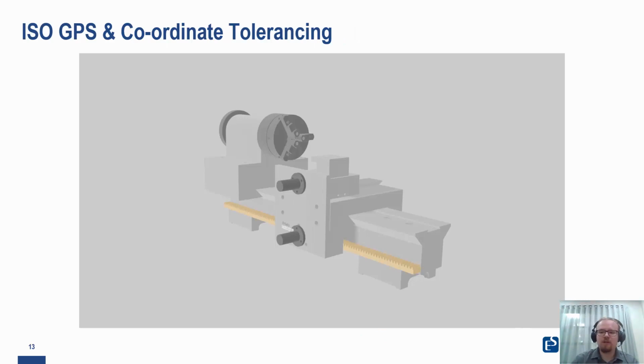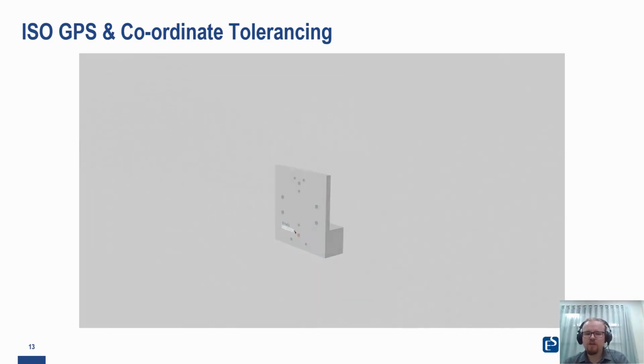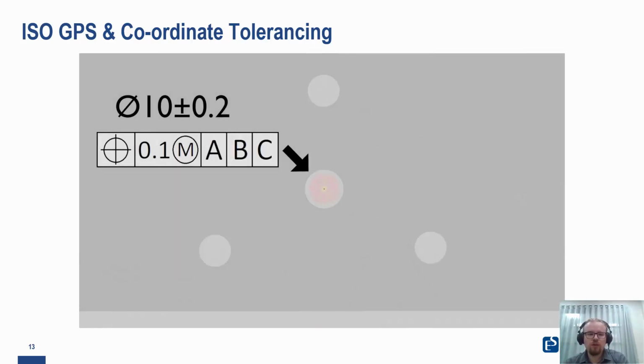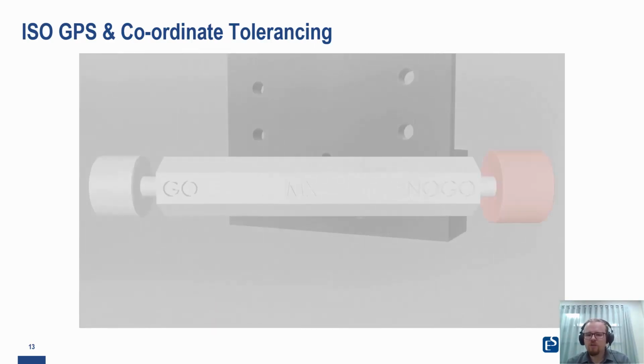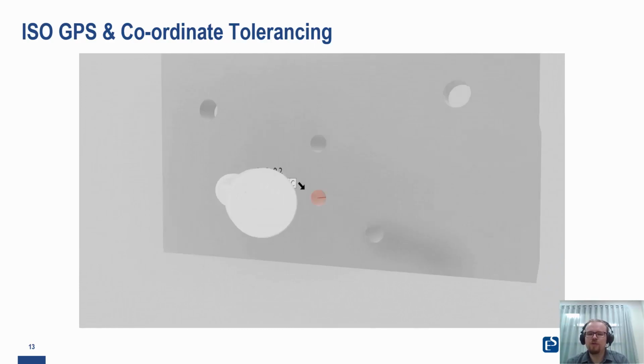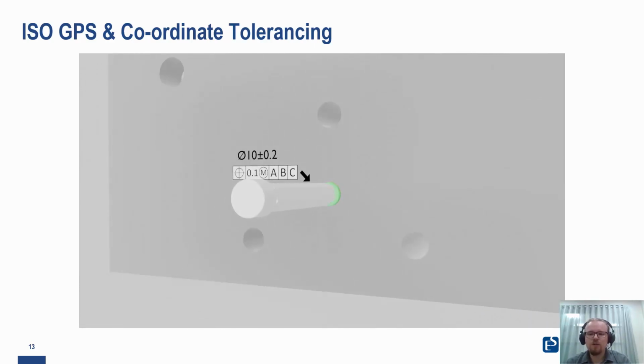There are many more benefits to using ISO GPS over coordinate tolerancing too. For instance, the maximum material condition modifier allows us to specify that if a hole is bigger, more positional variation is allowed. We're essentially saying that it just needs to fit with the corresponding shaft. So in addition to the 57% more tolerance zone in the previous slide, we can also add even more permissible variation depending on the size of the hole. This is often called bonus tolerance.